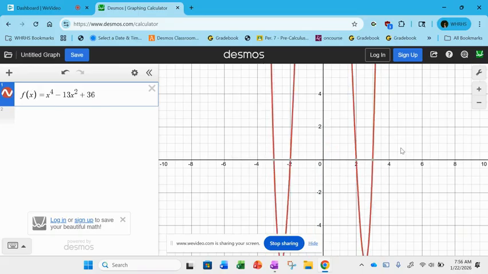Does it look like we have 4 roots? Let's see what we got. Negative 3, was negative 3 part of our list? Yep. Negative 2, is negative 2 part of our list? Yep. Positive 2, we got that. And positive 3, we got that. So all of these roots end up being rational roots.